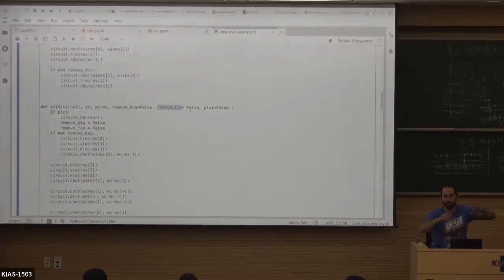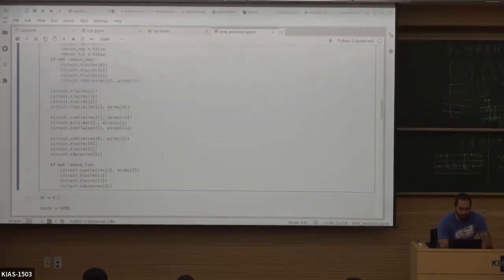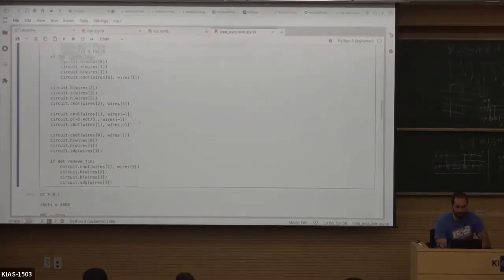If you set it to true, it will remove the terms by hand. It's not removing them in the circuit, so that it's more efficient. So please don't implement the gates if they're going to give you identity. It's just a waste of resources. Okay, so it's exactly the same operator over here.